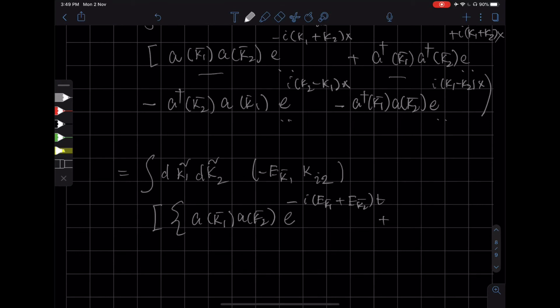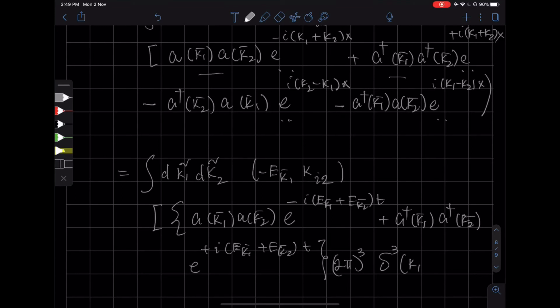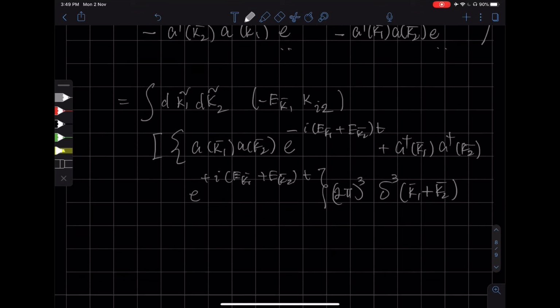And then from the second term, we're going to have a dagger of k1, a dagger of k2 times e to the power plus I, e of k1 plus e of k2 t, and the whole thing will be multiplied by 2 pi cubed times d cubed of k1 plus k2, the three-dimensional delta function.